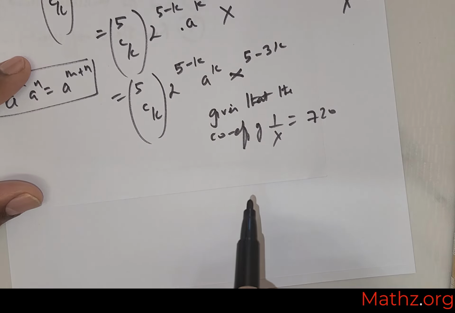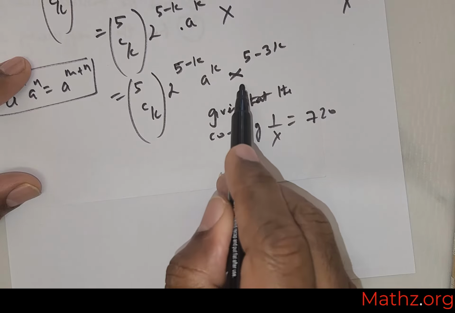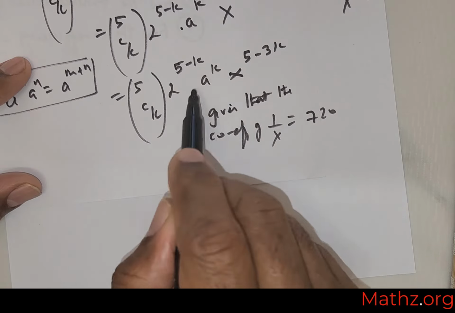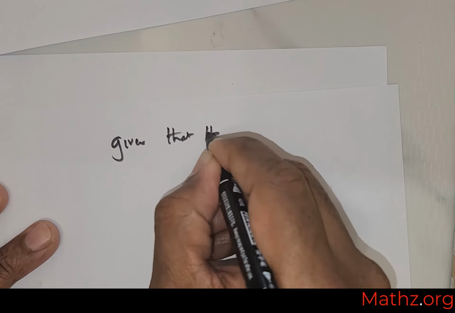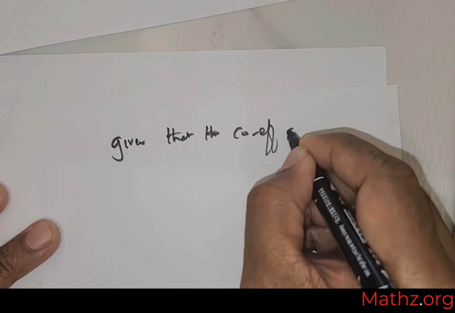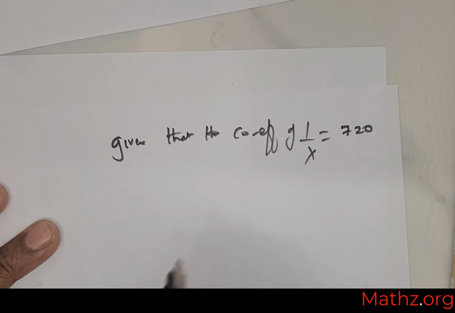Now what I'm going to do is collect the coefficient of 1 over x from here. So let me use another page. So given, what is given? Given that the coefficient of 1 over x is equal to 720.